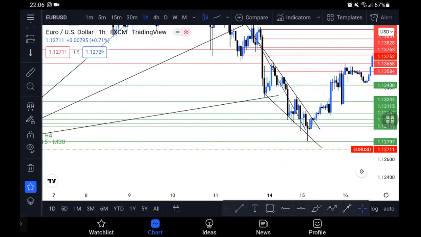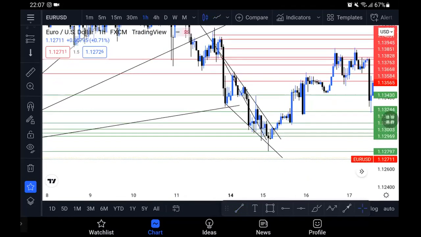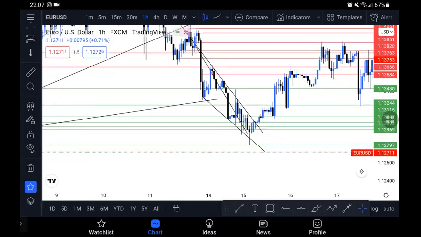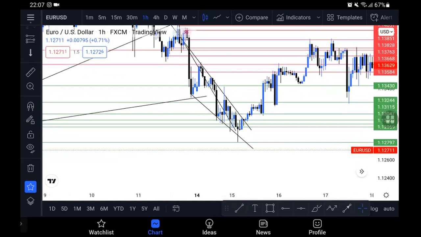After entry, we need the bias to be broken. So simple like that. After entry, if the bias is broken, then we can hold our position. So this is how we use our divergence trend line.